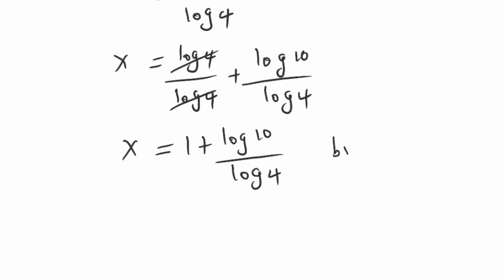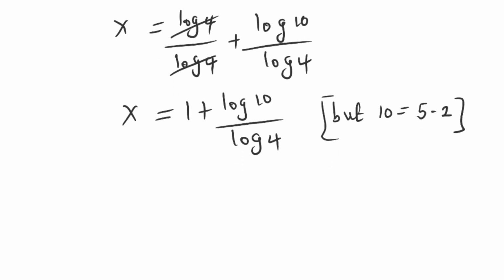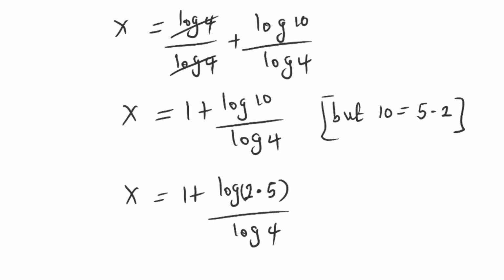But 10 is equal to 5 multiplied by 2. Then s is equal to 1 plus log 10 can be written as log 2 multiplied by 5 over log 4.